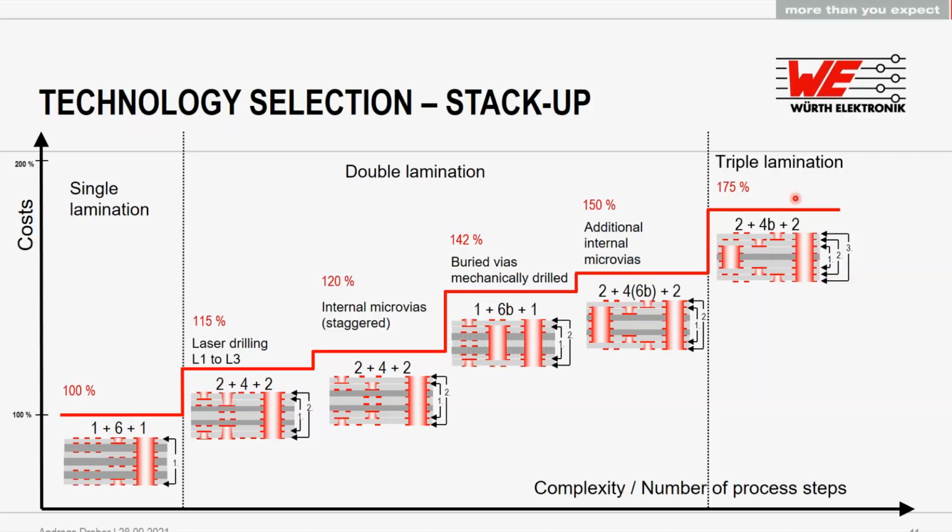To give you an indication, if we go for a simple 8-layer without HDI, we are talking about a price level of 90 to 95%. So using laser drilled microvias is not so expensive.